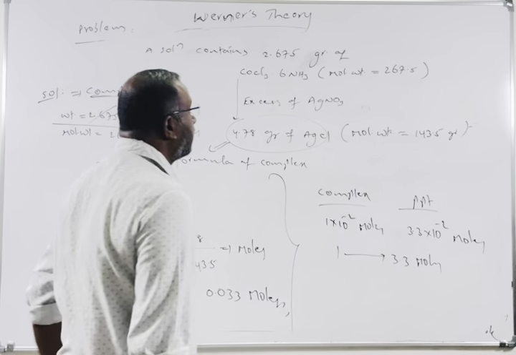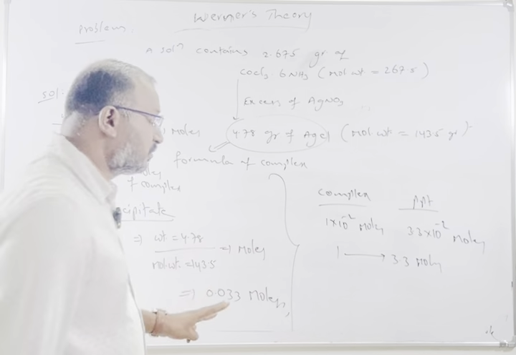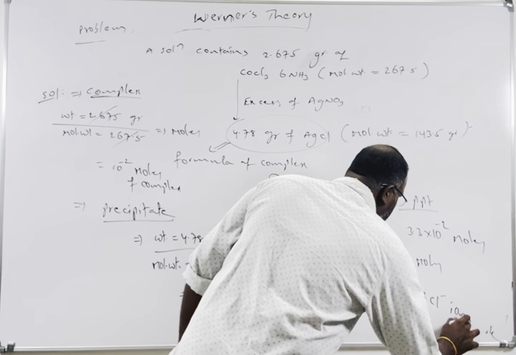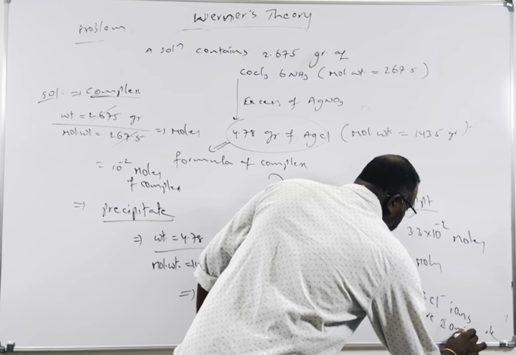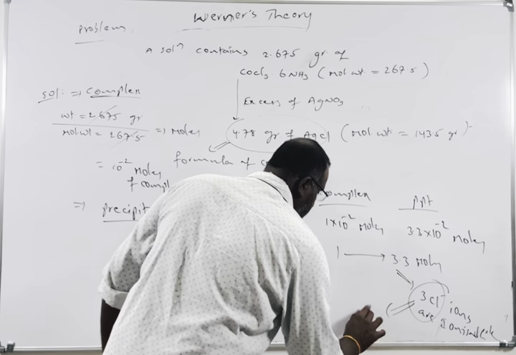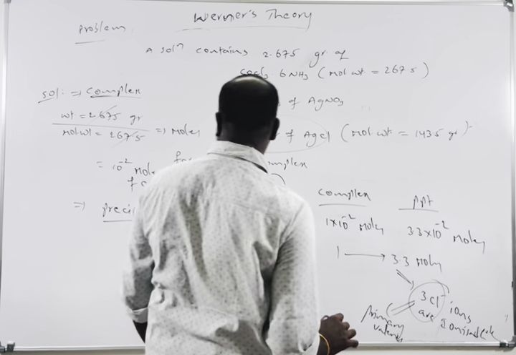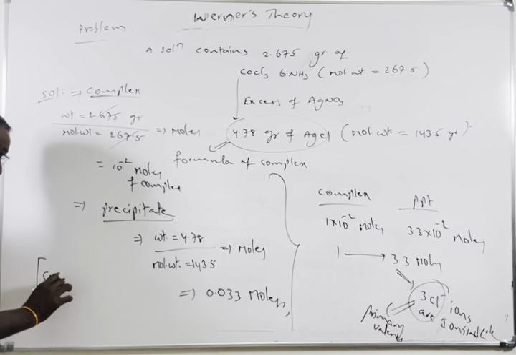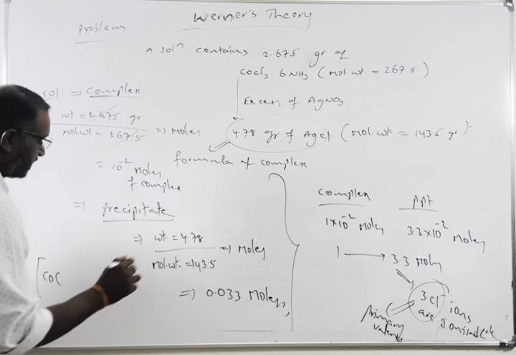It means 3 chloride ions from one molecule are precipitated, so 3 Cl minus ions are ionizable. Ionizable means these 3 chlorides are present in the primary valency. If these 3 are present in the primary valency, the formula of the compound is Co(NH3)6.